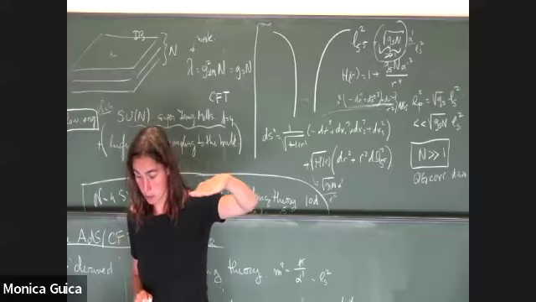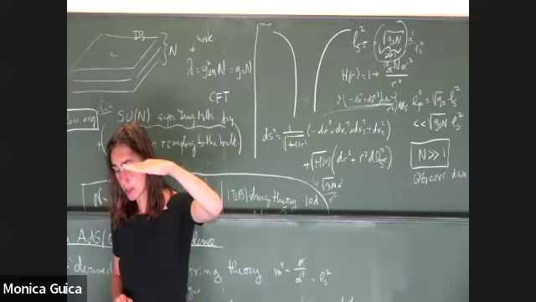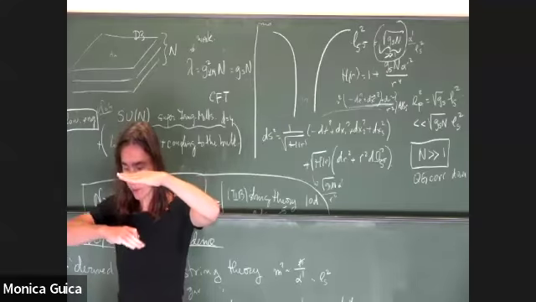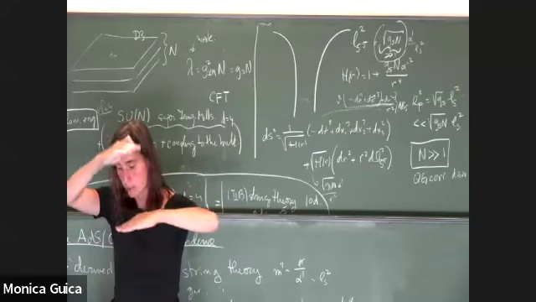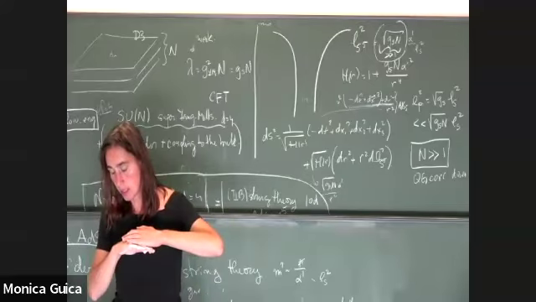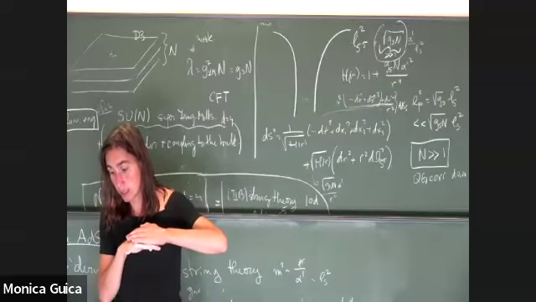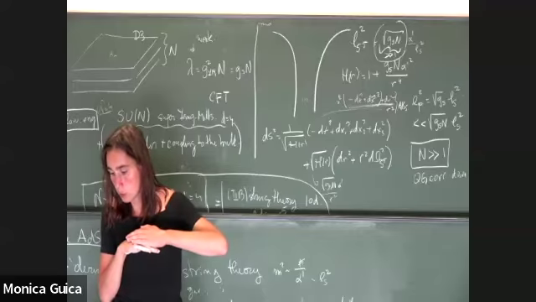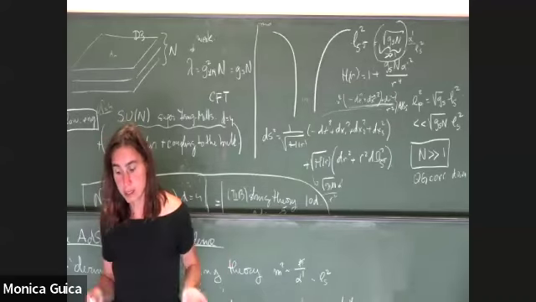To describe the theory on a single brane, the theory on a single D-brane is U(1). However, when you take these D-branes and put them on top of each other, exactly on top of each other, then the gauge symmetry gets enhanced to U(N), and you can understand it from the string theory description.